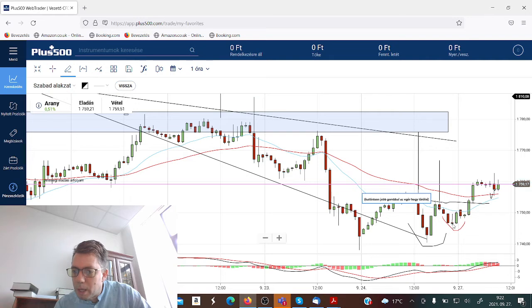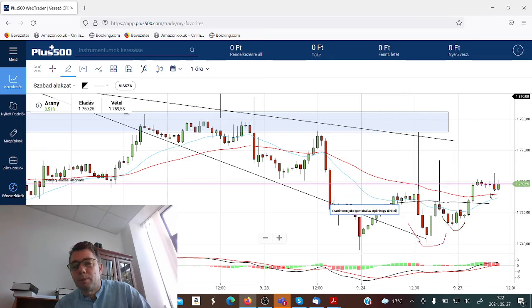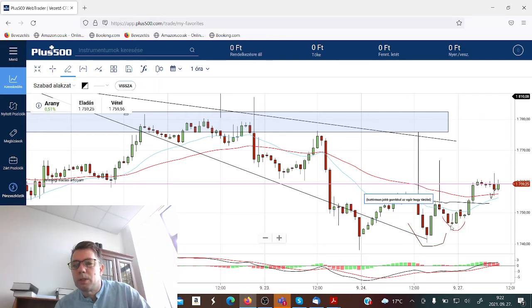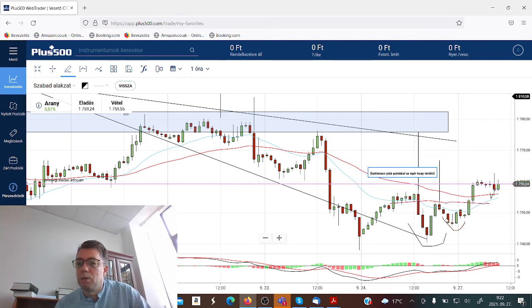My stop loss is right under this area because this is a low and this is a higher low. We are not supposed to go under this higher low. If we go, then this structure is destroyed and useless.